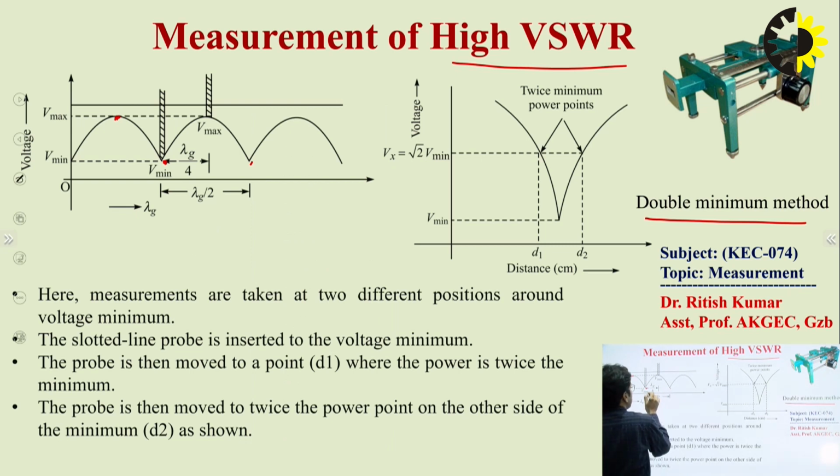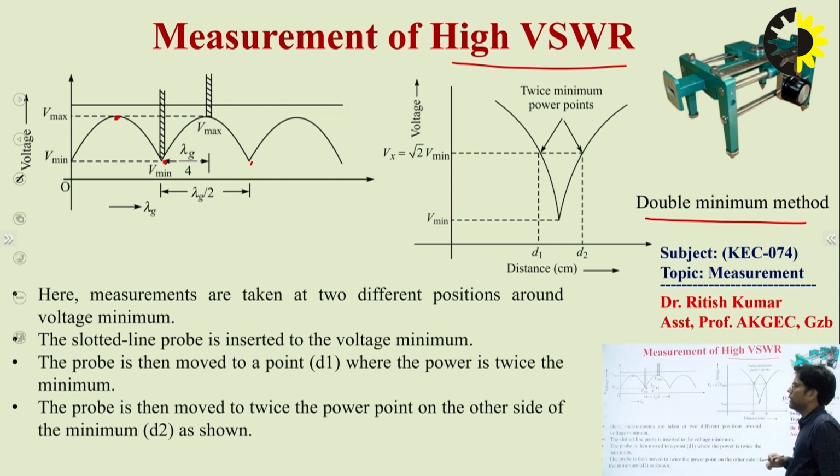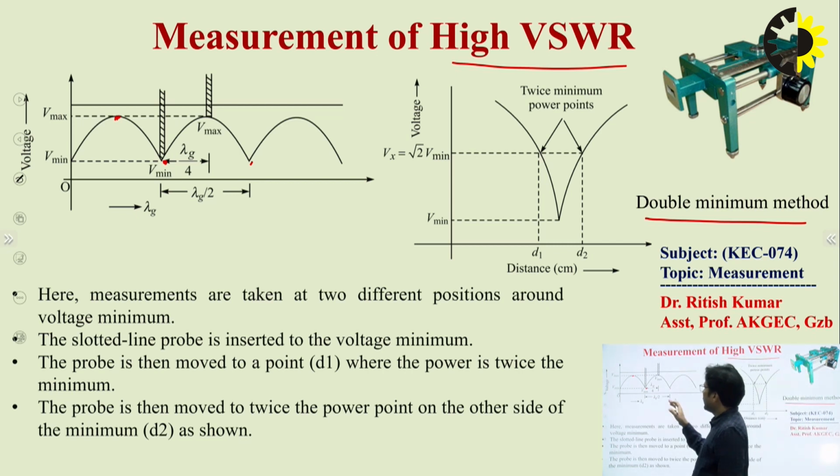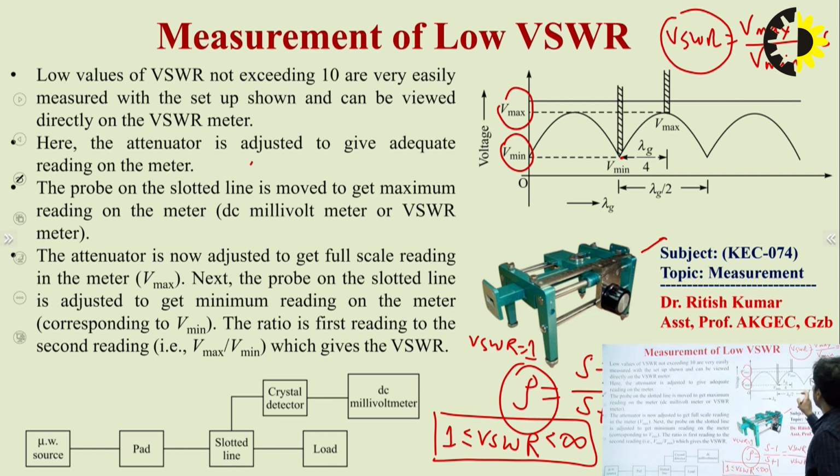As we know, the distance between two consecutive minima is always equal to lambda g by 2. Here lambda g is the guided wavelength, because the wave is propagating through a guided medium, right? So the distance between two minima is lambda g by 2.